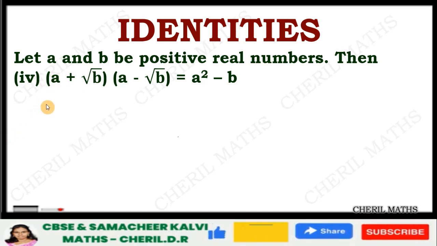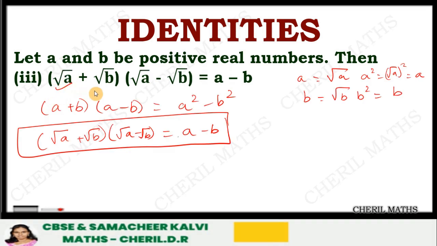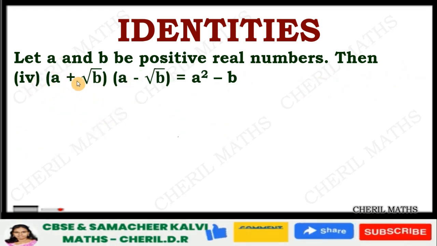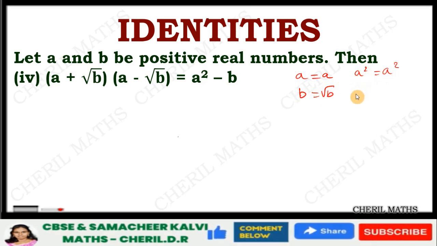Okay, next, a plus the square root of b. See, in the previous one we had the square root for a as well as for b. Now we have it only for b and not for a. So for a you have a only, and for b you have the square root of b. What will be a square? It will be a square. What will be b square? It will be b only.